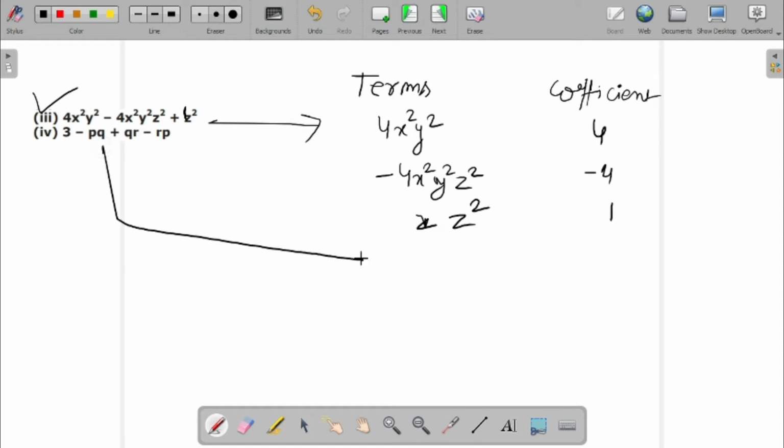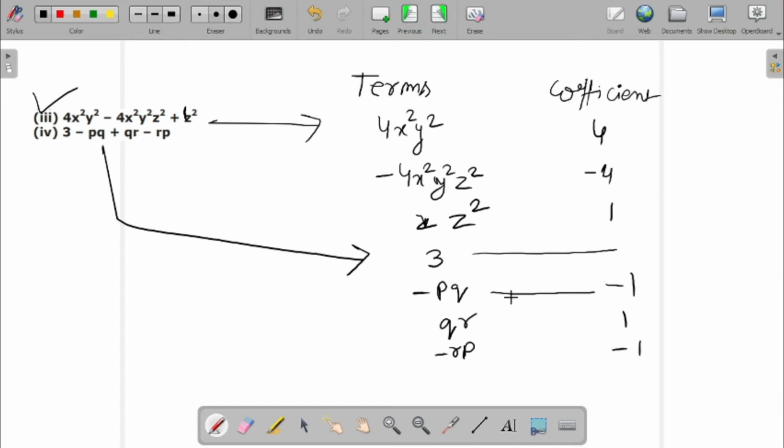Now we talk about the fourth part. Terms are 3, minus pq, then qr, then minus rp. If we talk about the coefficient, the number is itself a constant, so no coefficient. So here we can write minus 1, here 1, again minus 1. So these are the coefficients.